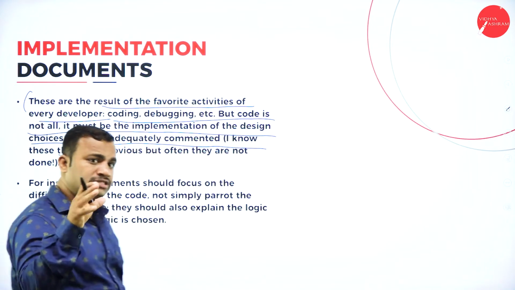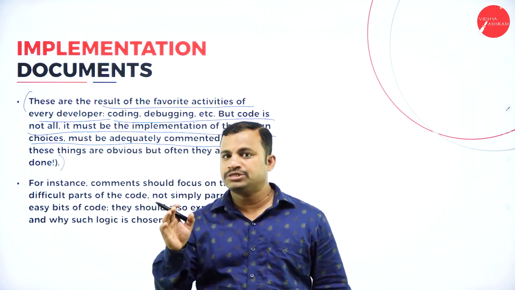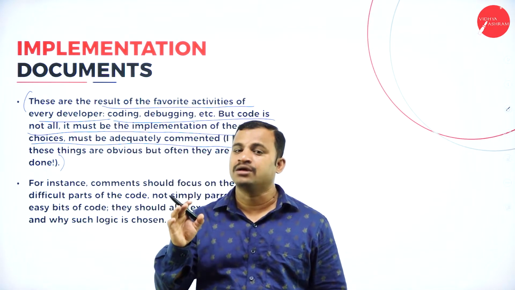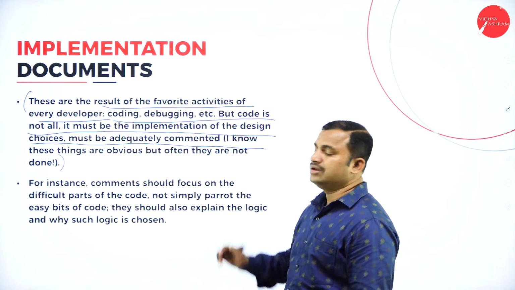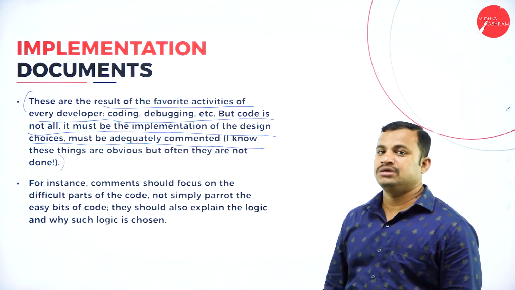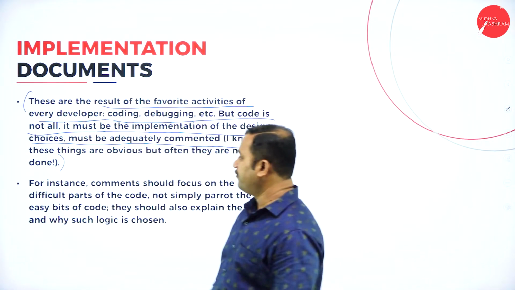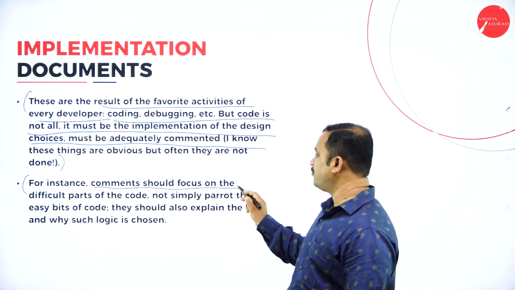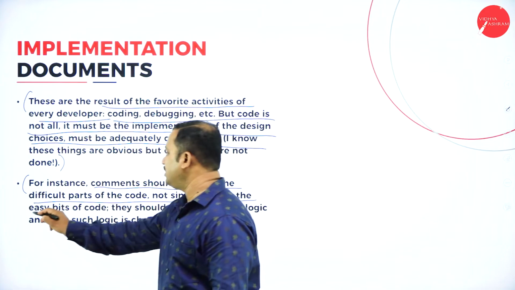That means the comments are written alongside the code. The purpose of writing the comment is to help others analyze and understand the logic of that program. So we do not call it documentation. Please observe here, comments should focus on the difficult parts of the code, not simply parrot easy bits of code.